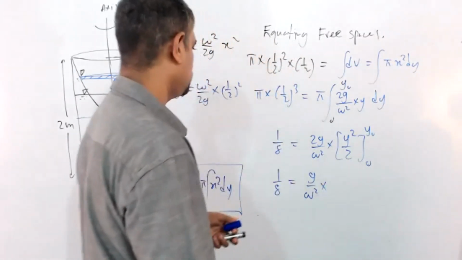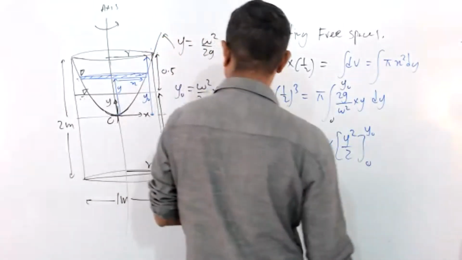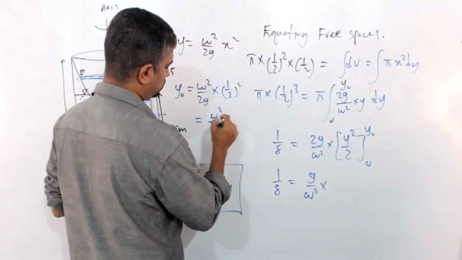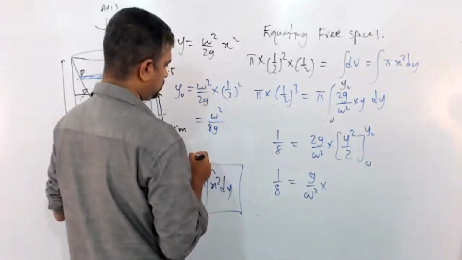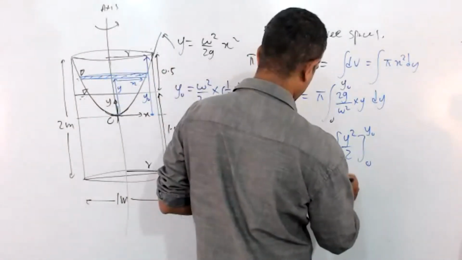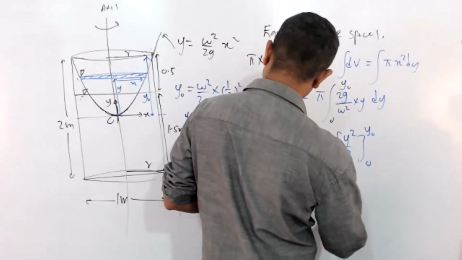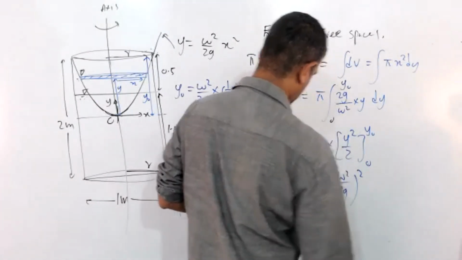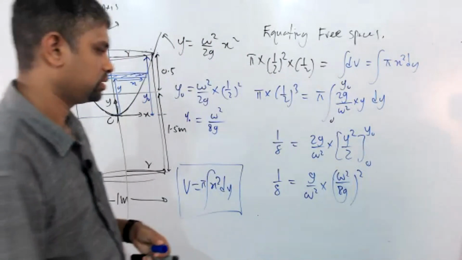Omega, y naught squared. Then you can find a value for omega squared.